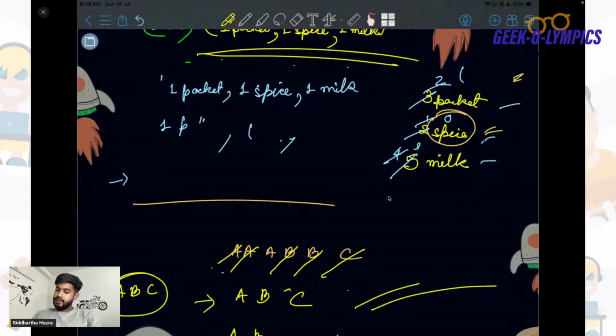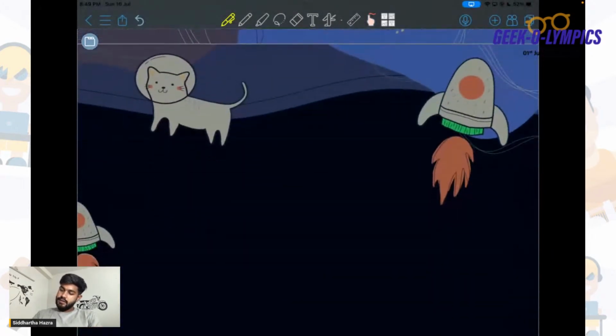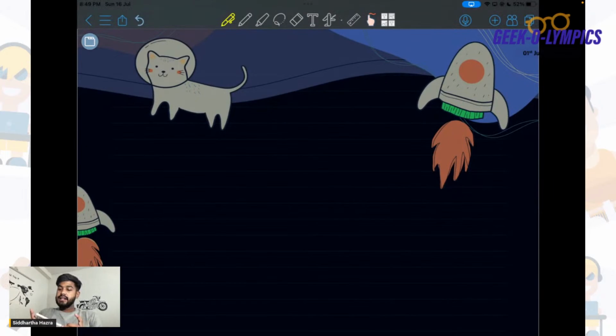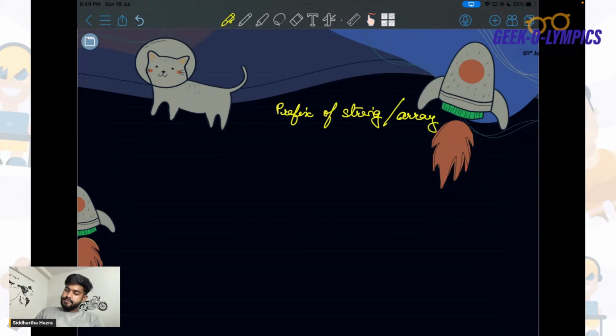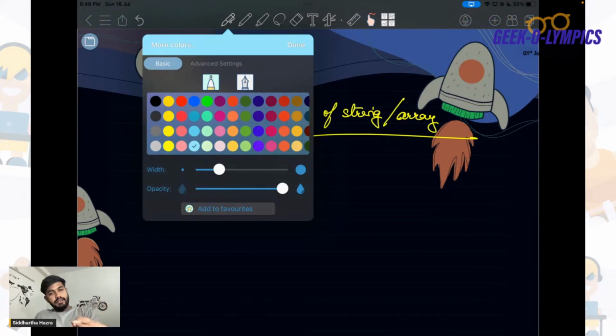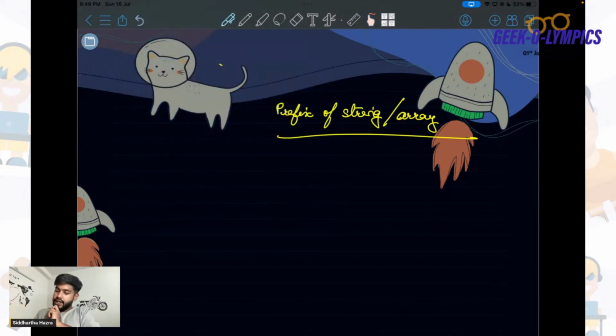See, first let us understand what we mean by prefix of a string or an array, anything. Prefix is nothing but starting from the front. Let's say I have a string like Siddharth, SID.